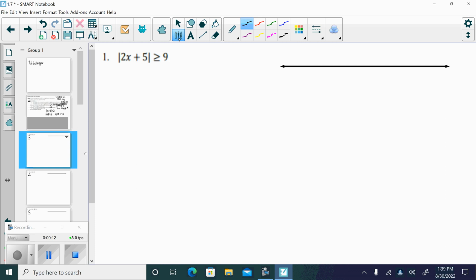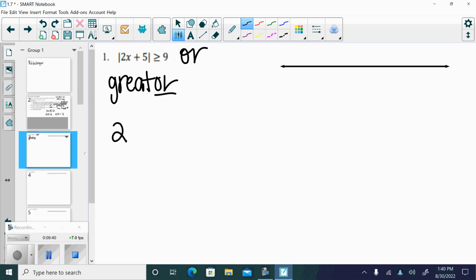Because my sign is greater than or equal to, is this going to be an and or an or inequality? Or, because I said great or. Right? So great or, that means we're going to create an or compound inequality. Okay? So we're going to create two separate inequalities. Right.